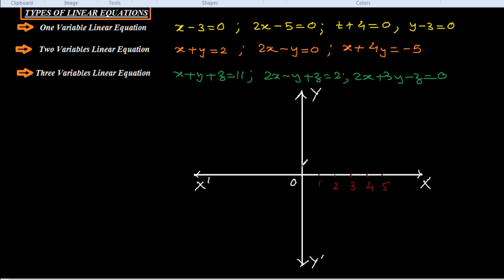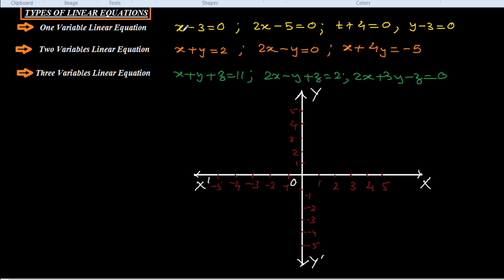Here also in the upward direction it would be positive, 1, 2, 3, 4, 5. On the left-hand side of the origin on the x-axis it would be negative, minus 1, minus 2, minus 3, minus 4, minus 5, and so on. Here also it would be negative, minus 1, minus 2, minus 3, minus 4, minus 5, and so on. So in this way we could plot the points on the graph.